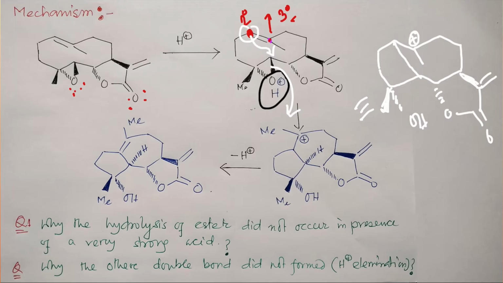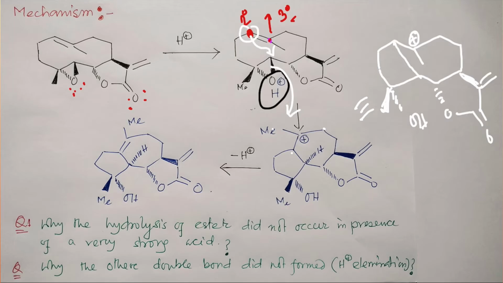One 7-member ring, one 5-member ring, and the positive charge on the tertiary carbon. Tertiary carbocations are highly stable due to the plus I effect as well as hyperconjugation, and in this case 2, 1, 3 and 3, 6 hydrogens are involved in hyperconjugation.